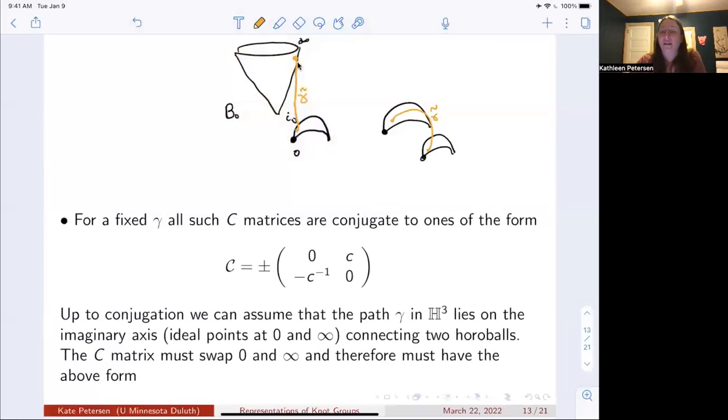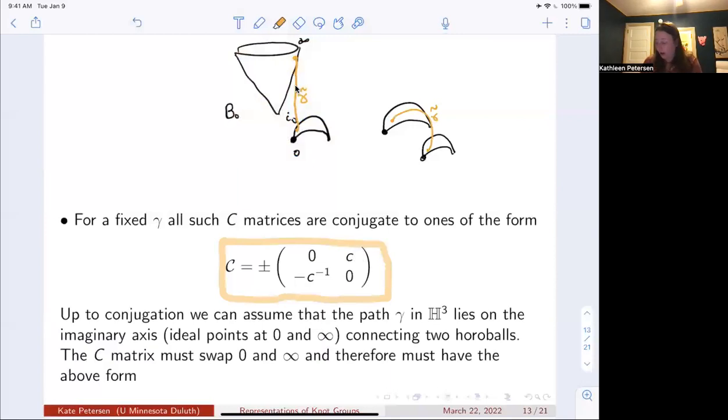So in particular, infinity goes to 0, this intersection point goes to this intersection point, and this is enough to see that any C matrix has to be conjugate to one exactly of this form. And the little c is really encoding the shape of the bananas, or you can think of it as this fixed distance, or even associate little c to this midpoint between the two piercings of the bananas.